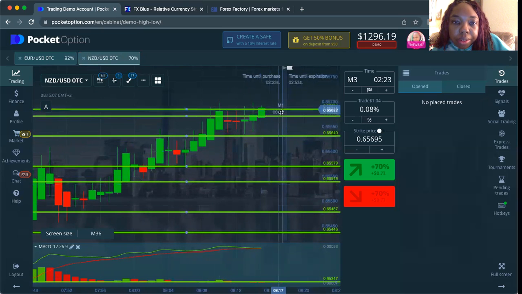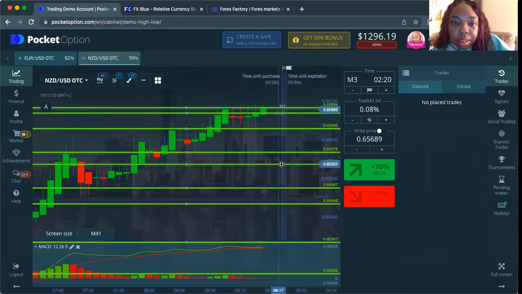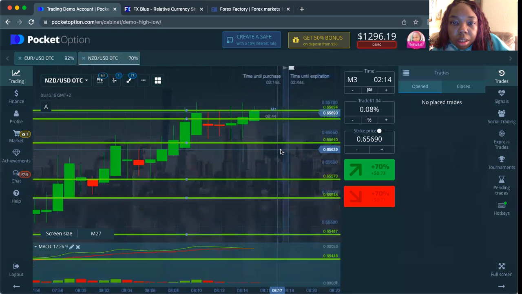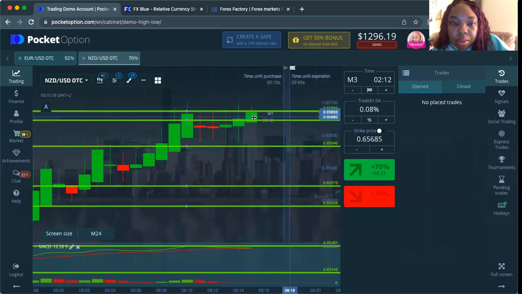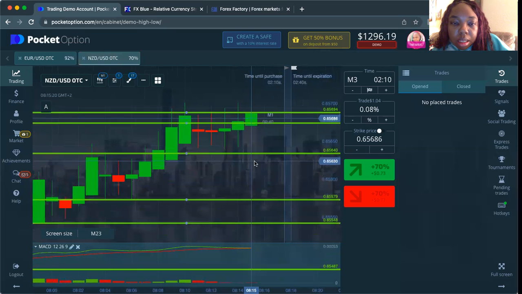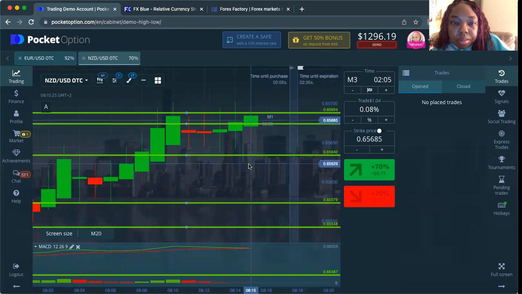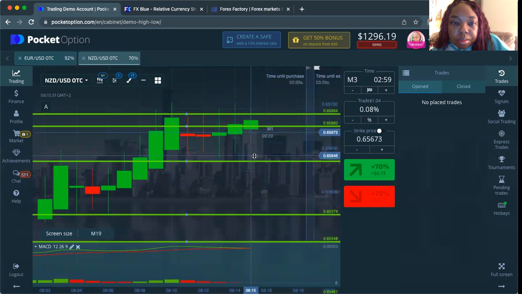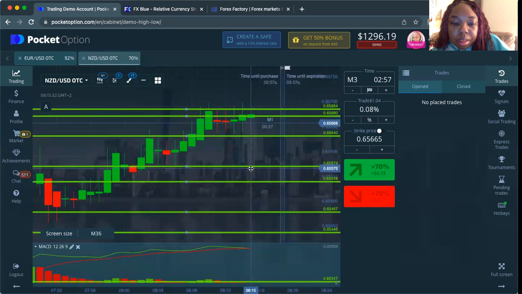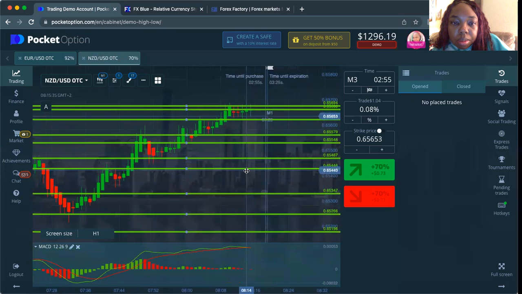It hit here. So these are the areas that it's hitting, which is what I was telling you, respecting these areas. The 694 area, respecting it. Being stubborn, it doesn't want to drop.